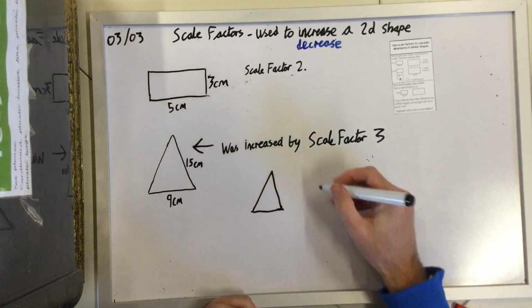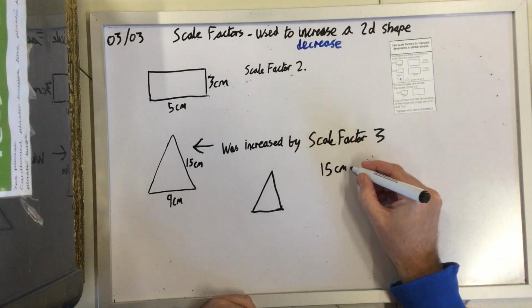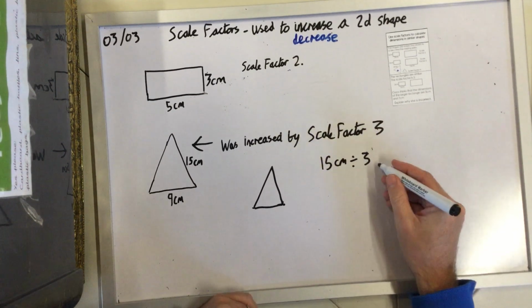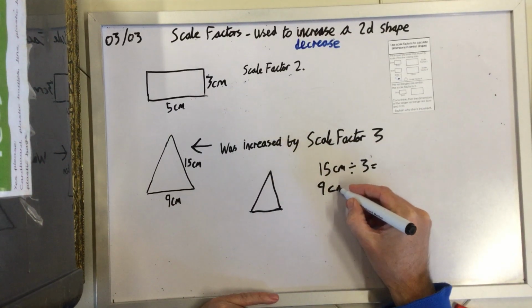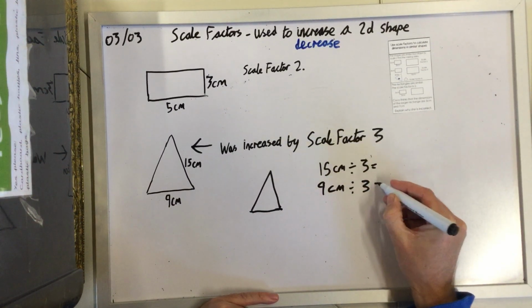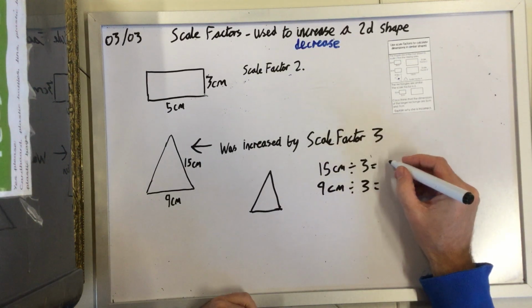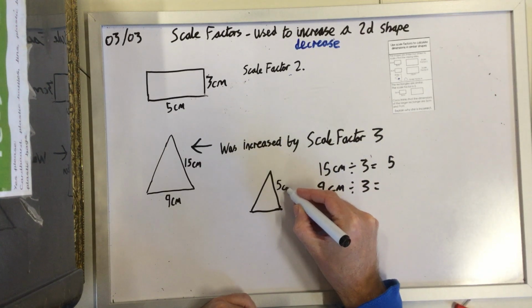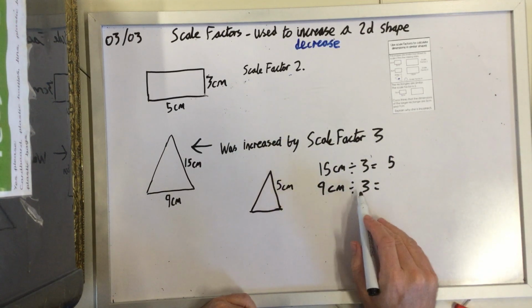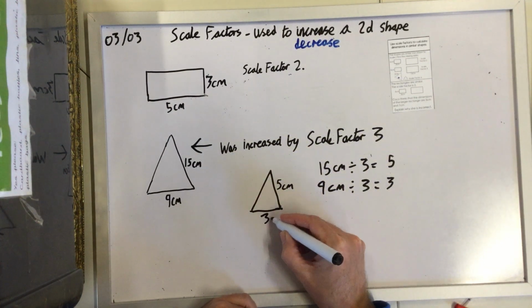We just need to divide by 3 again. 15 divided by 3, we know our 3 times table quite well, is 5. So that's that longer side. And the base, 9 centimetres divided by 3 is 3.